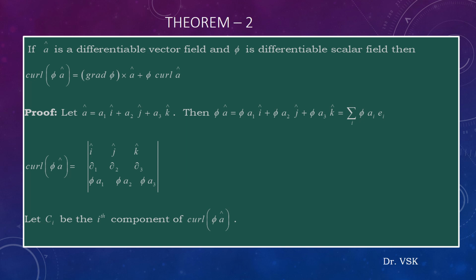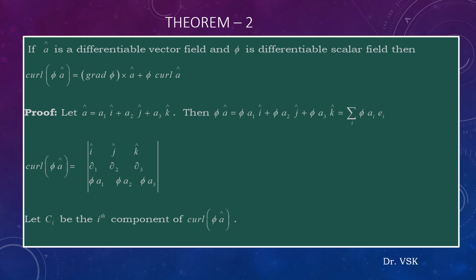So curl of phi a cap equals a 3 by 3 determinant: i cap, j cap, k cap on the first row, dou by dou x, dou by dou y, dou by dou z on the second row, phi a1, phi a2, phi a3 on the third row.